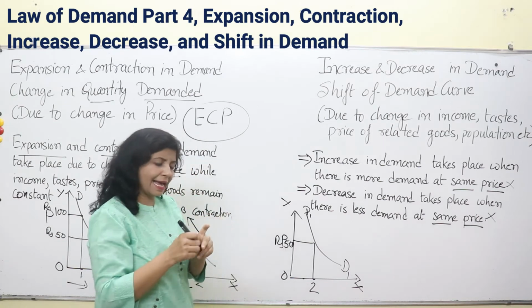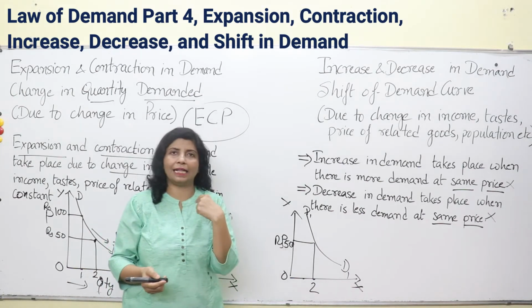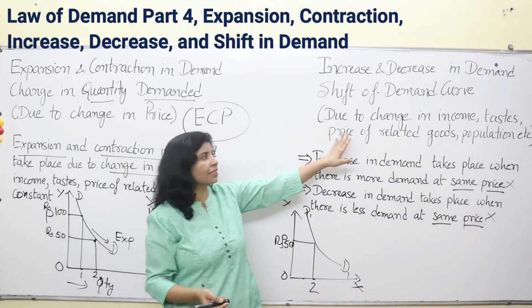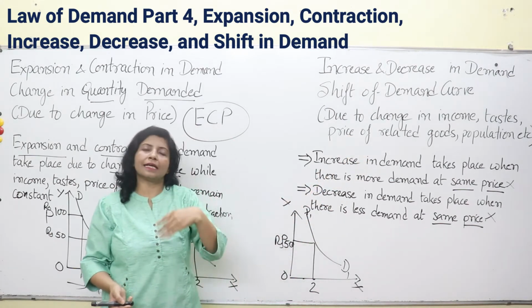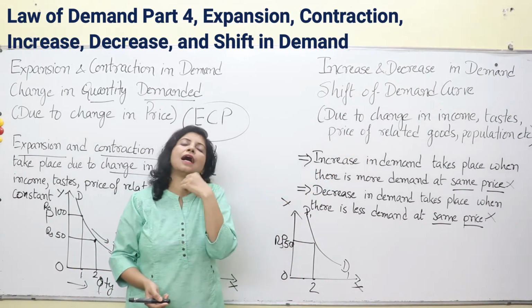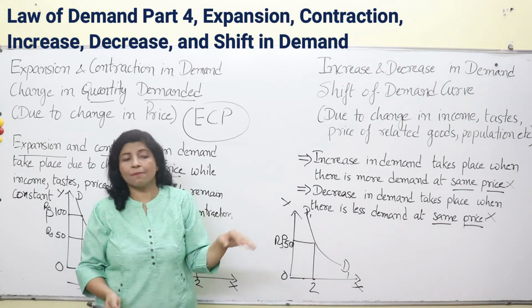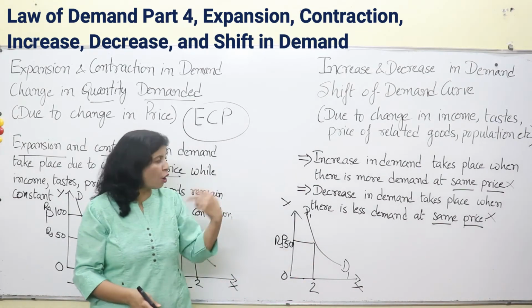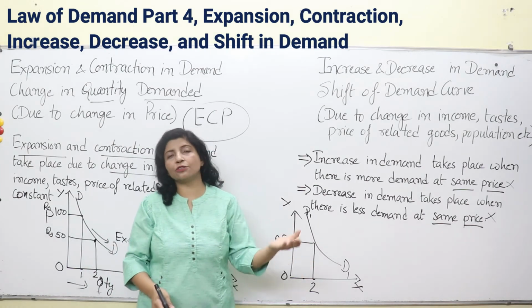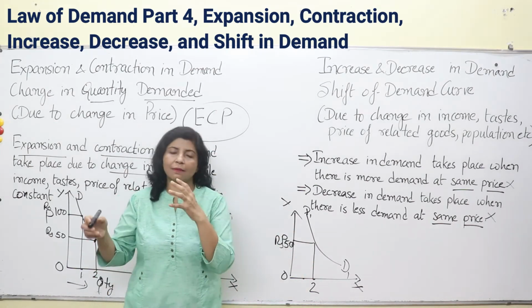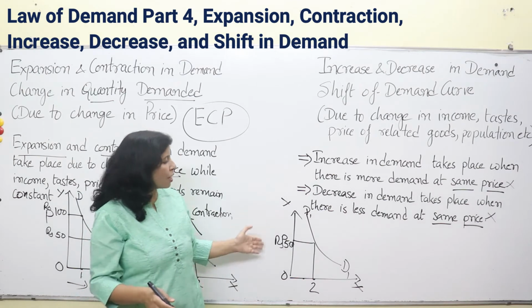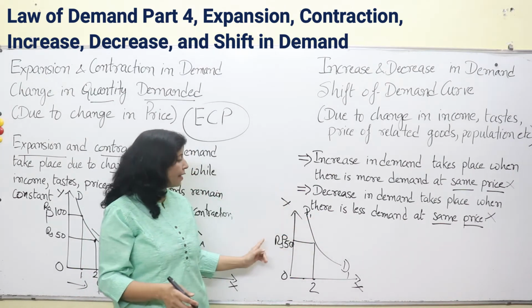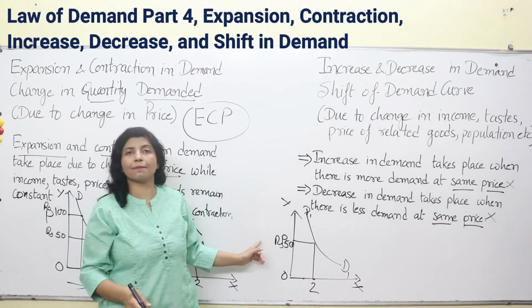If in any case I have a heat stroke, so my health condition has differed. Health condition has not been mentioned, but tastes and preferences, health conditions, that means anything other than price, can act. If I am having some health issues and I need to drink more liquids, I need some minerals and electrolytes, so I'll take more nariyal pani although the price is the same.